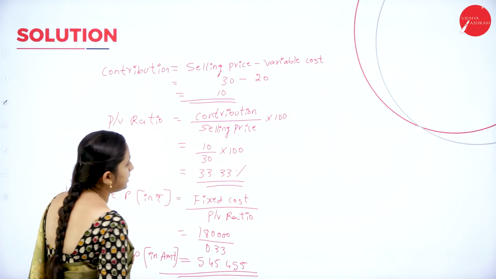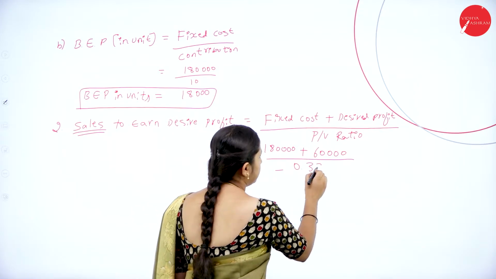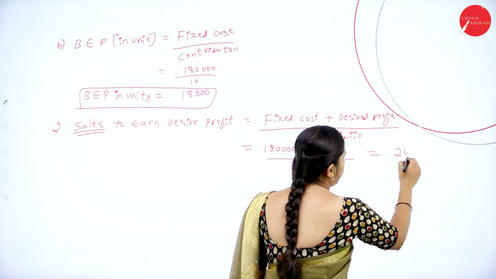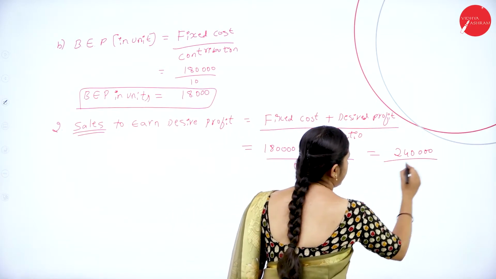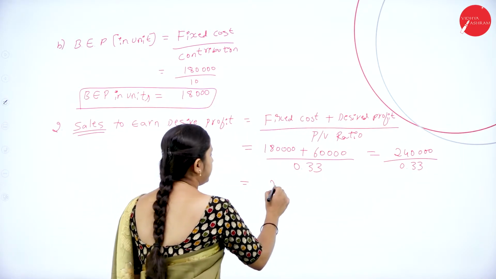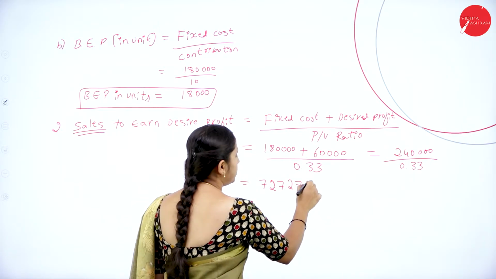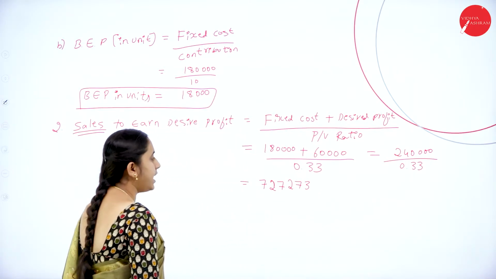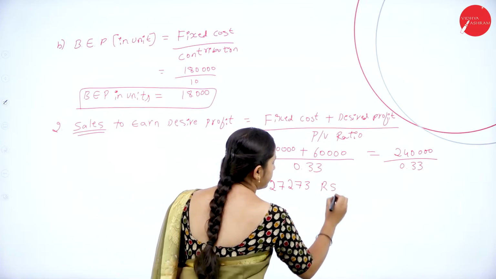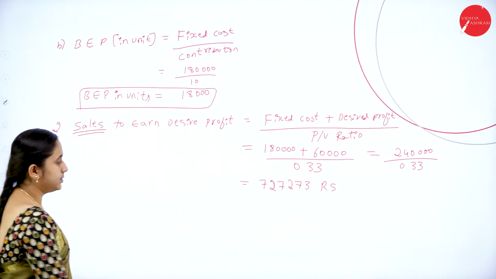PV ratio is 33.33%, that is 0.33. 1,80,000 plus 60,000 is 2,40,000 divided by 0.33. Answer: 7,27,273 rupees, the sales to earn desired profit in rupees.